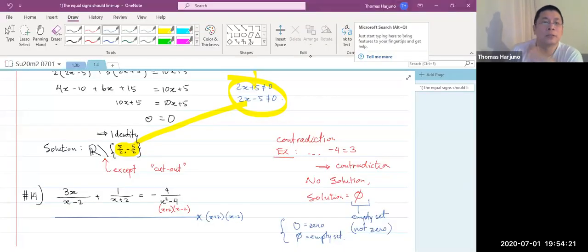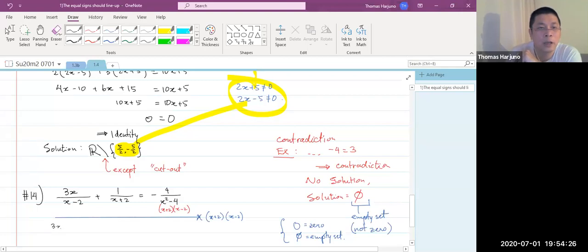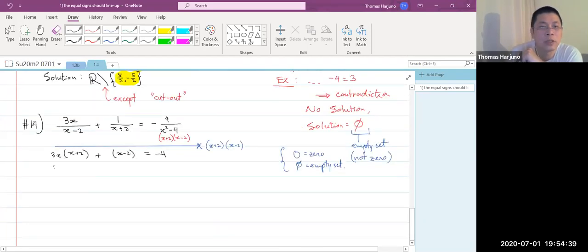Okay, let's see, we will have 3x times x plus 2 plus x minus 2 equals negative 4. This will be 3x squared plus 6x plus x minus 2 plus 4.